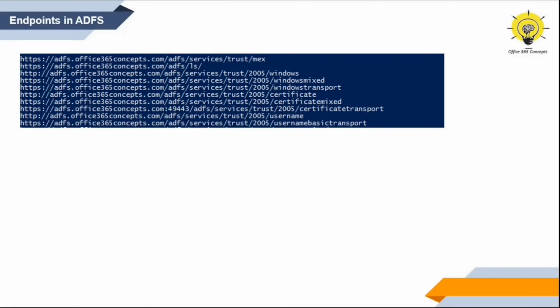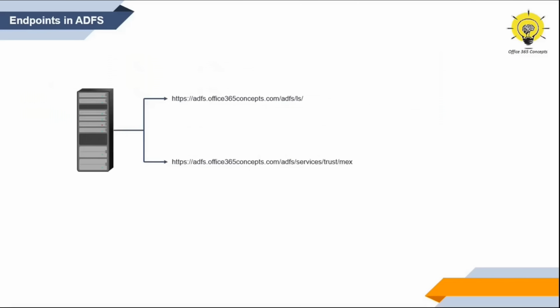These endpoints are responsible for receiving certain types of requests. There are multiple endpoints in the ADFS server, but for this particular session, we are going to talk about two important endpoints. The first endpoint that we're going to talk about is /adfs/ls and /adfs/services/trust/mex.